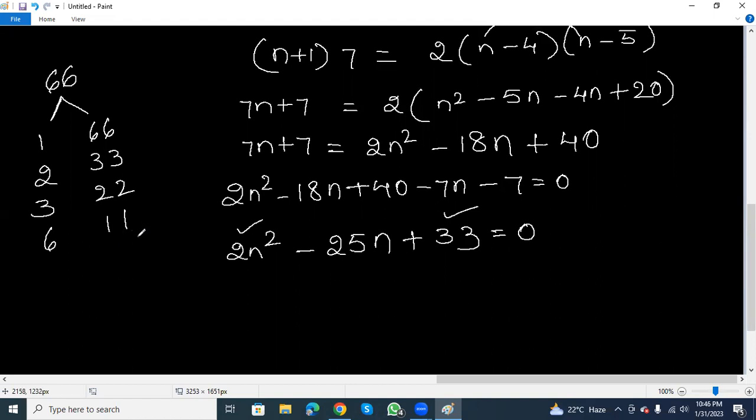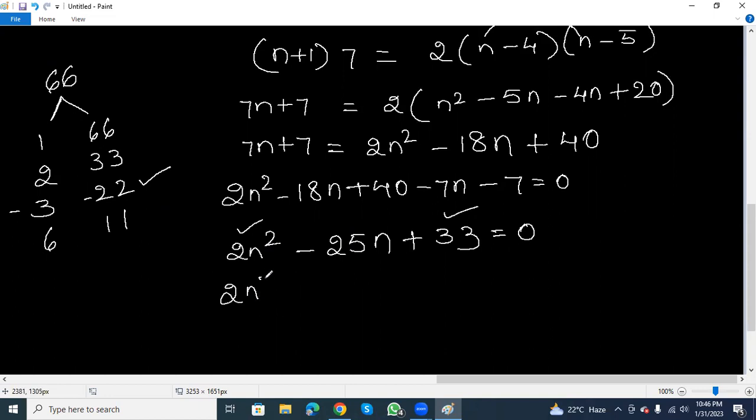Which two numbers, if we add, can we get minus 25? Let's check. 22 plus 3, 25, right? So minus 22 minus 3 I'll put, because I want minus 25. Minus into minus plus, 22 3s are 66. So when we multiply these two, we get the product, and when we add these two, we get minus 25. So these are the right numbers, right factors.